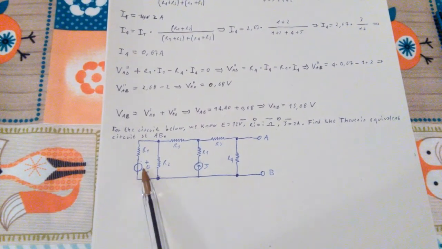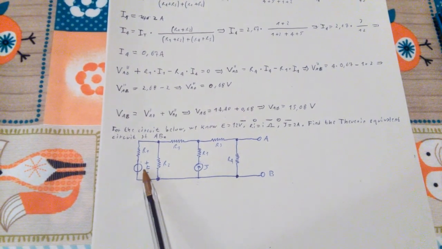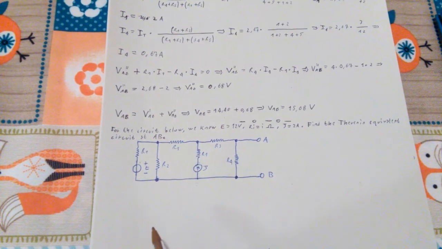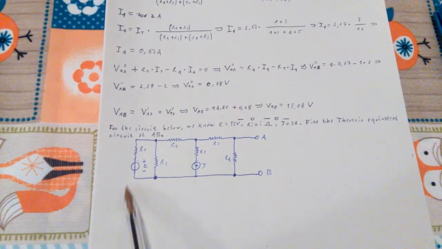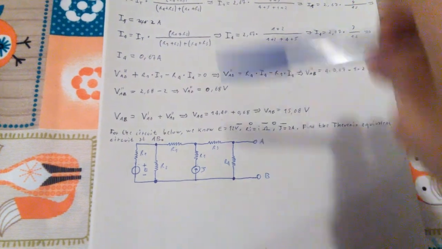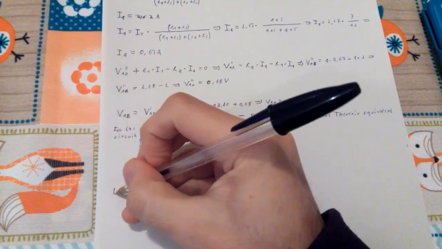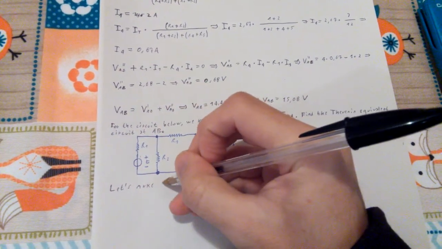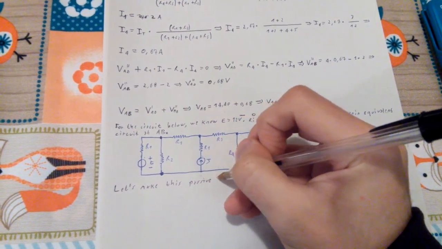And the voltage generator instead is going to be turned into a short circuit. So this is just going to be a straight line. I'm just going to comment this. Let's make this passive first.